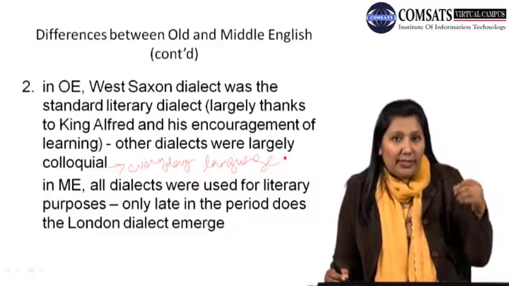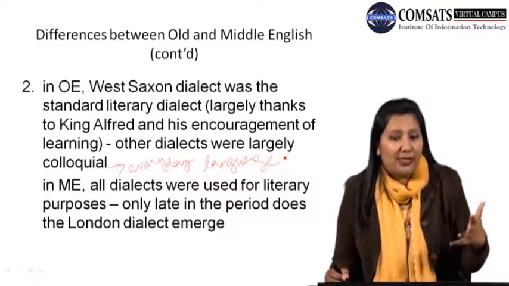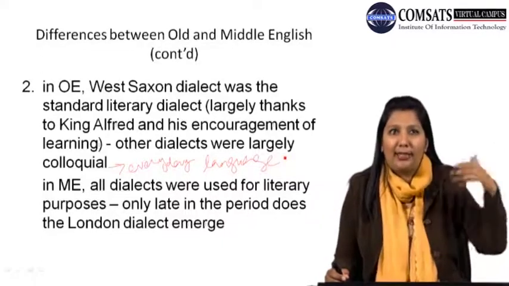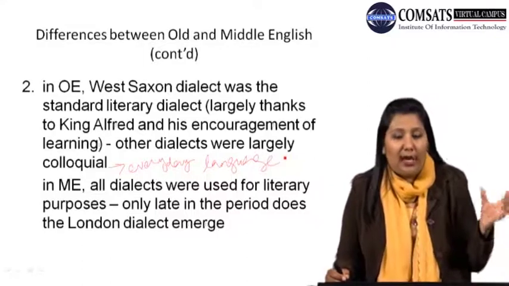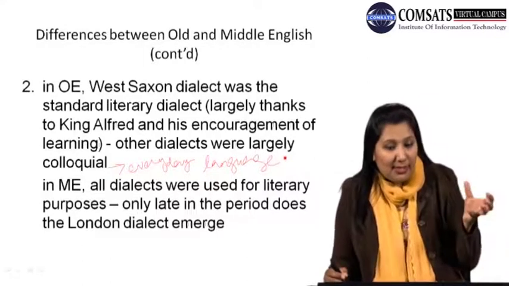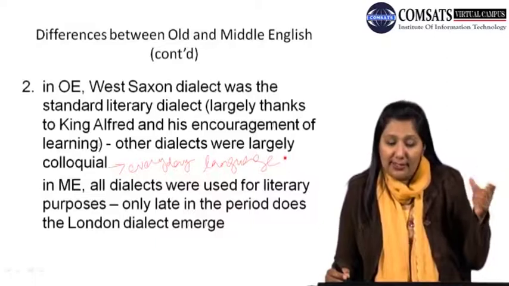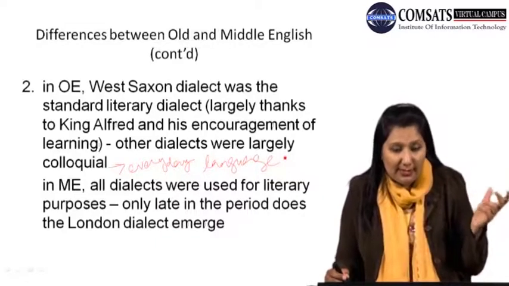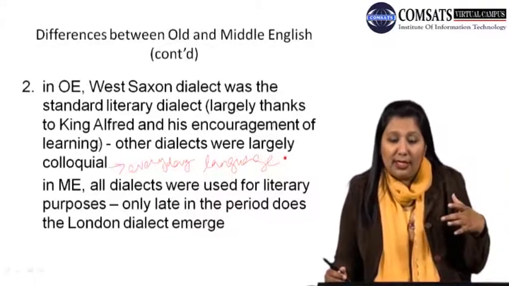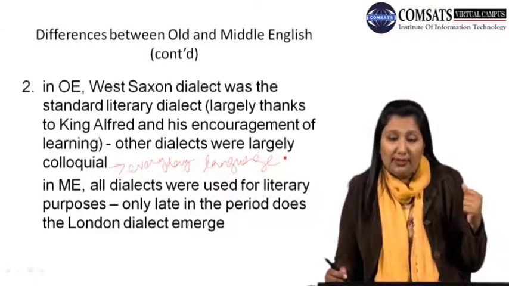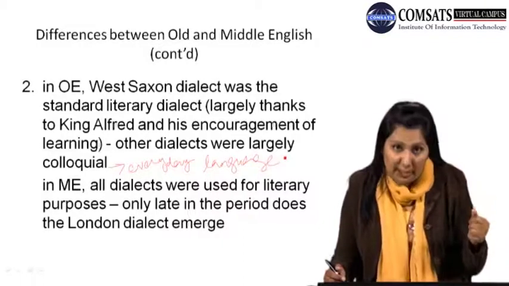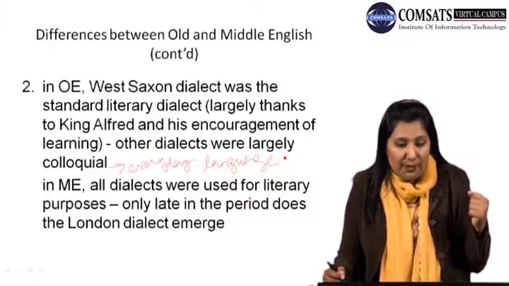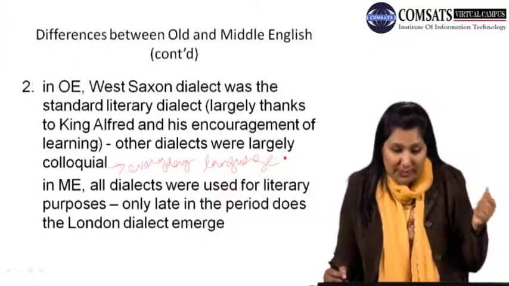Colloquial, the language that is used for everyday conversation, is quite informal, and the other is the more formal one. And so for formal things, the standard dialect was the West Saxon dialect, and it was made so just because of the encouragement and the efforts of King Alfred, who was a very famous king of his time.